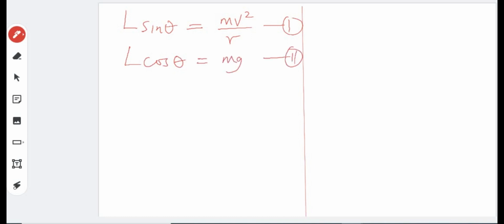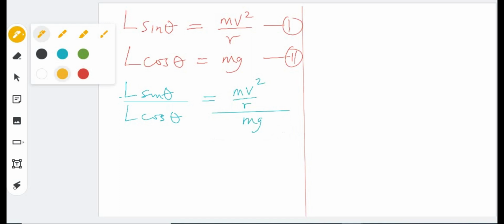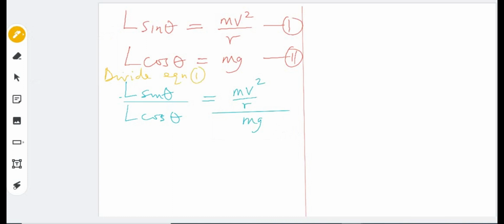So dividing equation 1 by equation 2, we have L sin theta over L cos theta equal to mv squared over r, divided by mg. Don't forget that what we did was divide equation 1 by equation 2. Just a moment, I'll have it neatly written out.